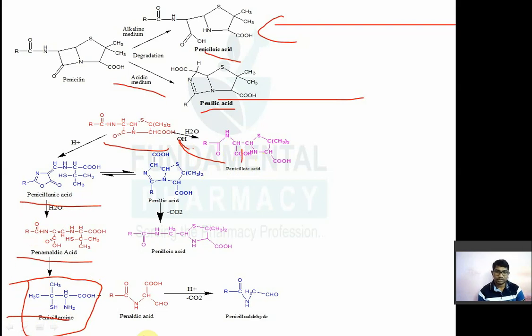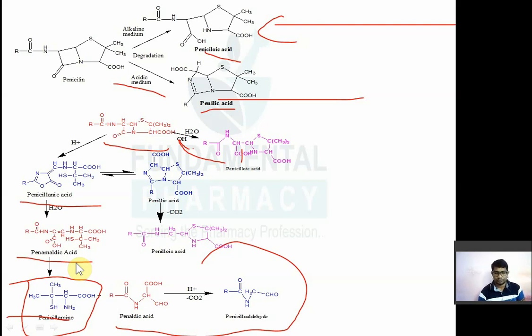D-penicillamine is a chelating agent. After that, penilloic acid and penicilloaldehyde. So these are the degradation products of penicillin. Under acidic condition, penicillenic acid will be there.